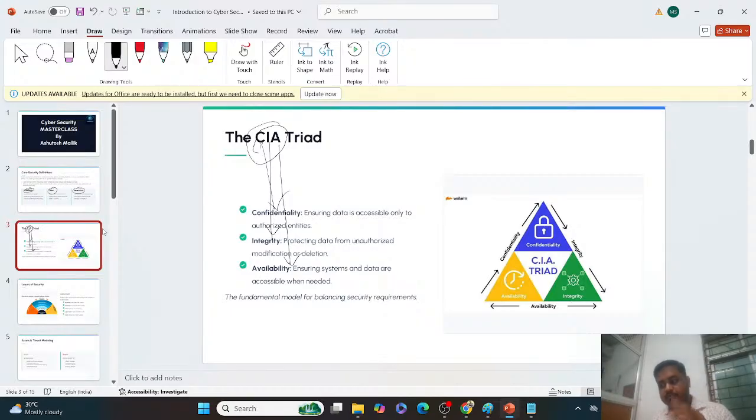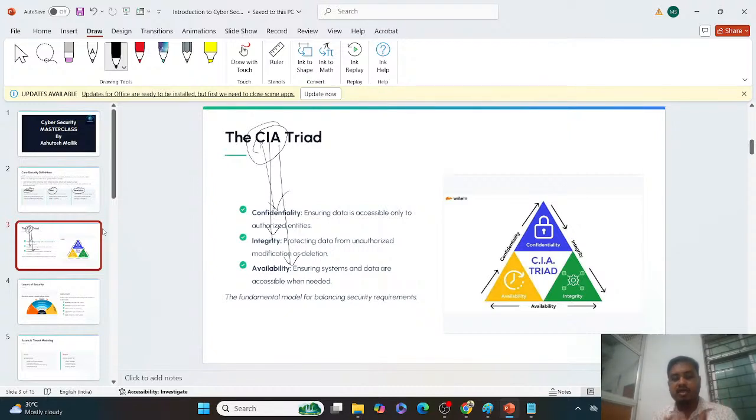If by mistake Vishnupriya leaks this information to others, the information will become public, and anyone can misuse it. That's why we talk about confidentiality.